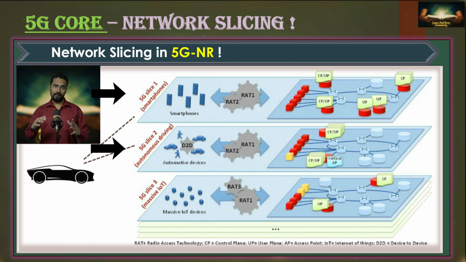Each slice is completely isolated, and traffic on one slice cannot interfere with the traffic on another slice. This means both of our requirements will be fulfilled because the device is accessing two network slices, one for each separate requirement.